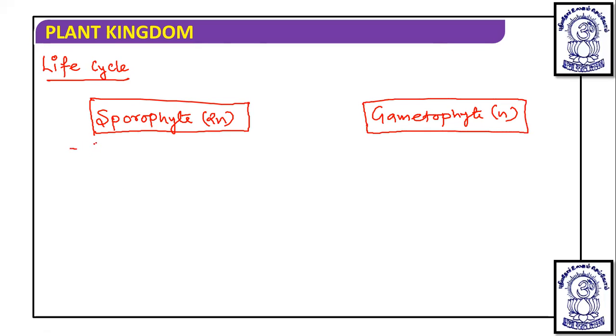This sporophyte is an independent, free living, dominant phase.